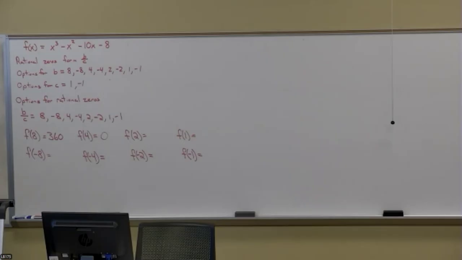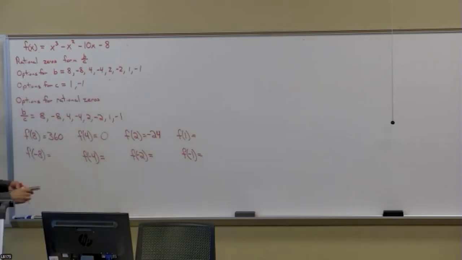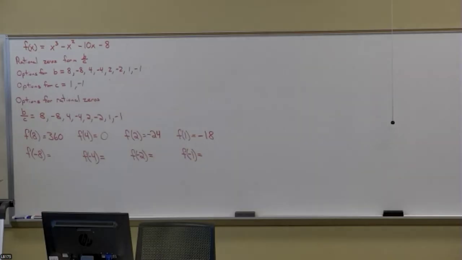2 to the 3rd minus 2 squared minus 10 times 2 minus 8 gives me a negative 24. That's not going to work. Try 1. When I plug in 1, I get a negative 18. Let's try a negative 8. Yeah, sorry.